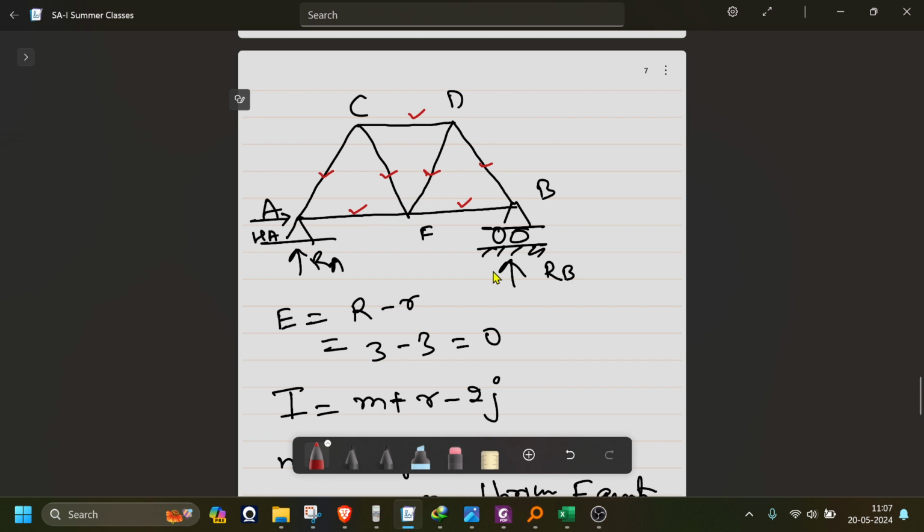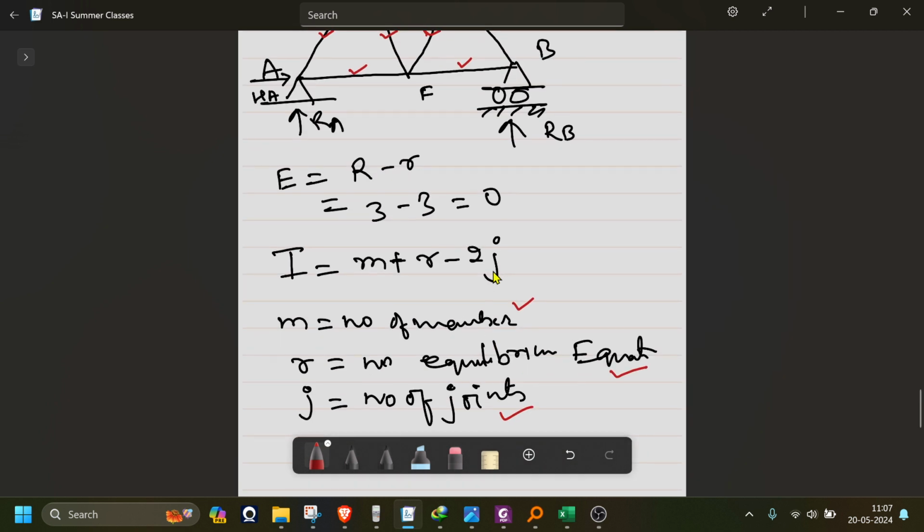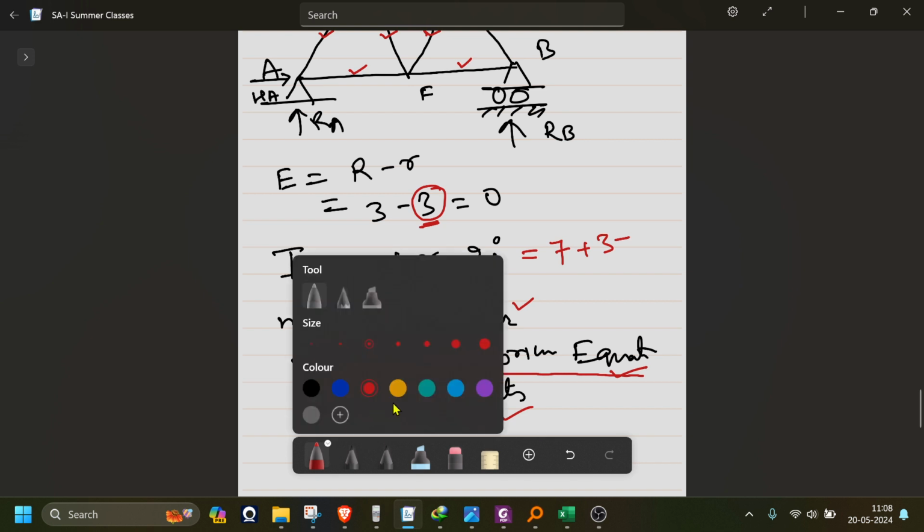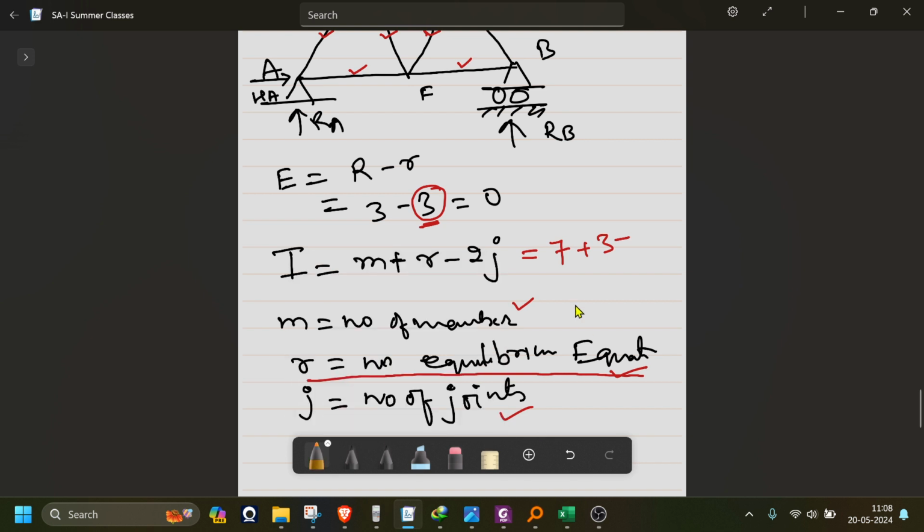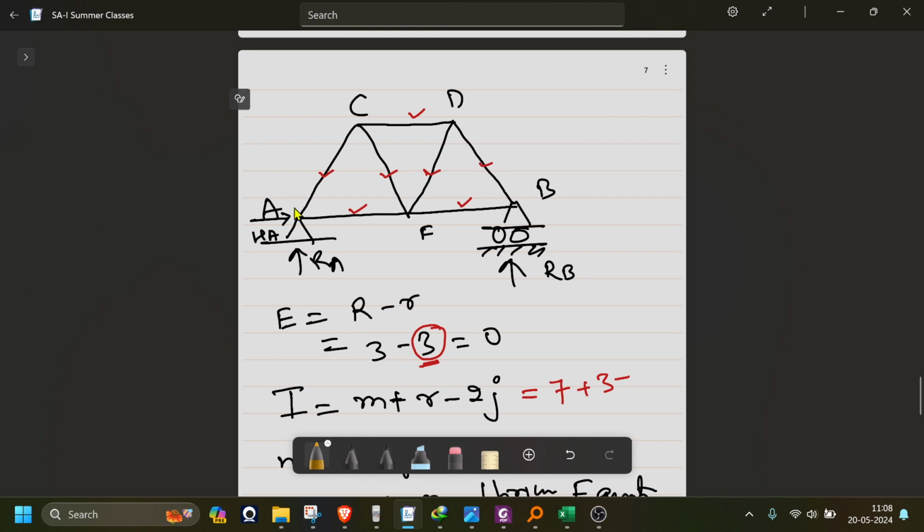So my number of members is 7. And what about the number of equilibrium equations? It is always 3. So 7 plus 3 minus 2j. j is the number of joints, right? So how many joints are there?